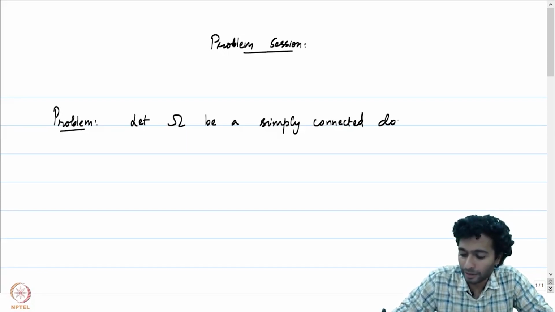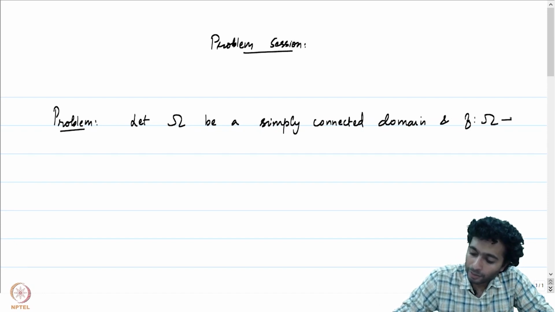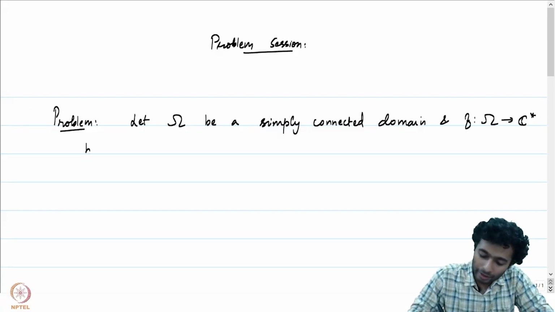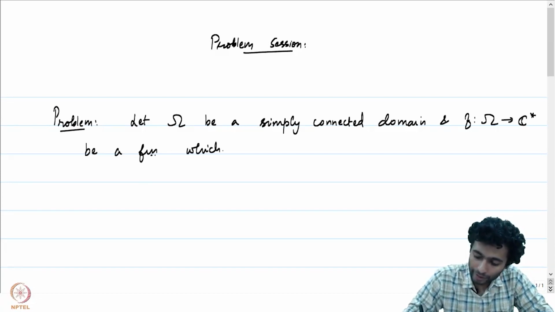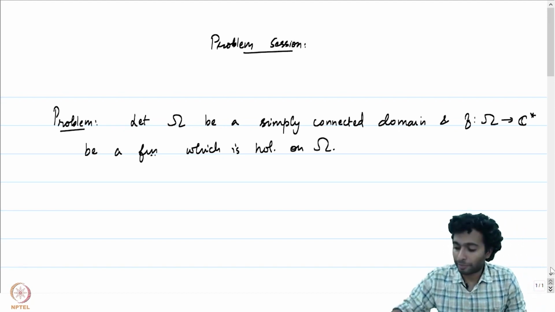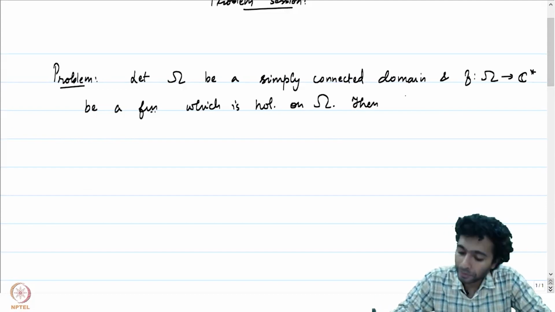And let f from omega to C star be a function which is holomorphic on omega. So notice that f does not vanish, that's what it means. Then f does not vanish on omega.